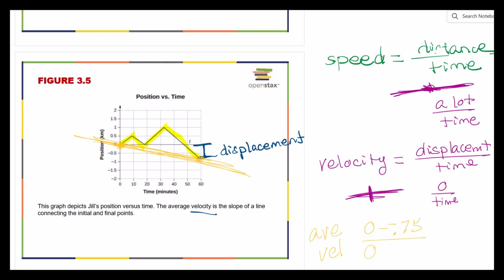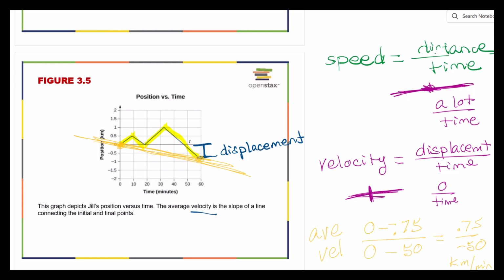I started at 0 time, I ended at 50 time, so I have 0.75 over negative 50. Whatever that turns out to be, that's my average velocity in meters or kilometers per minute, or whatever that is. So that's just the slope of a line, right? Make sense?